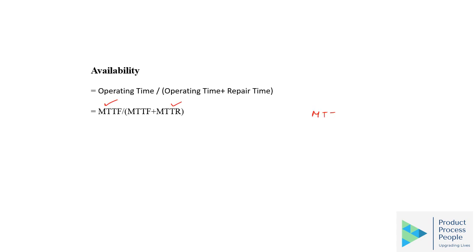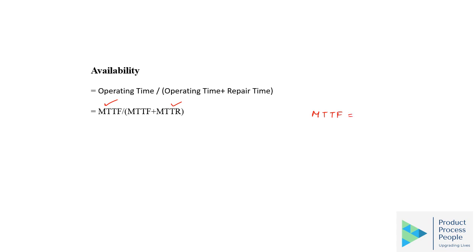Now, we know that availability is operating time divided by operating time plus repair time. Operating time and repair time are also defined in different terms. The terms are MTTF and MTTR. Now, what is MTTF?